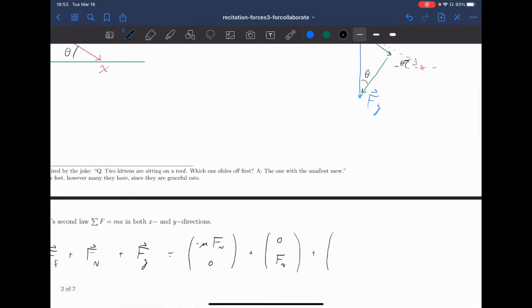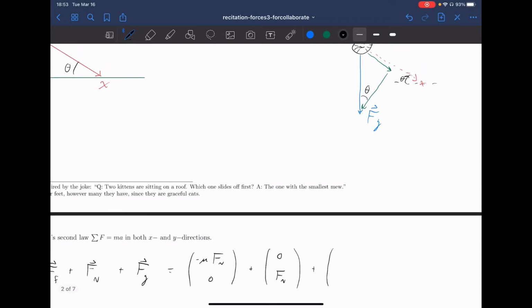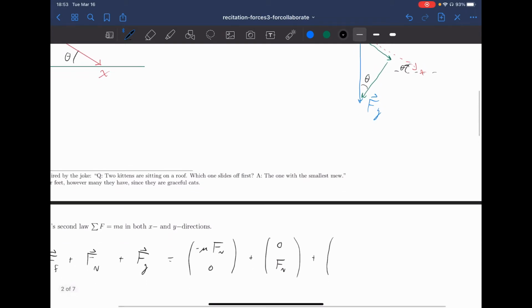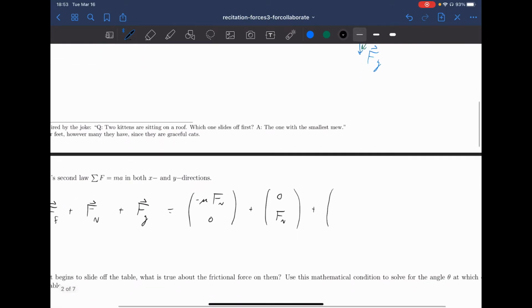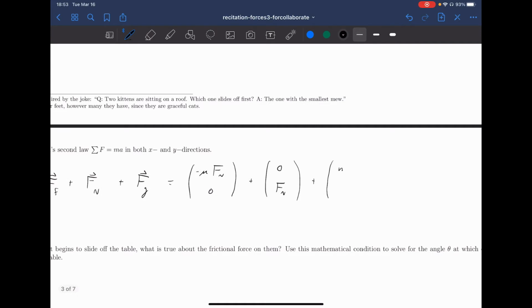So the x component is going to get a sine theta, it's the opposite side, and the y component is going to get a minus cosine theta. So we can write that like mg sine theta and minus mg cos theta.